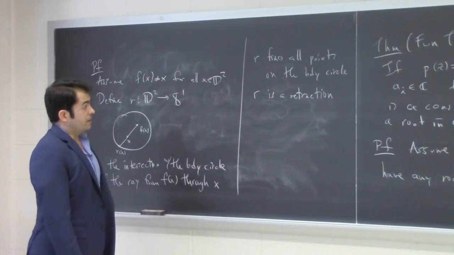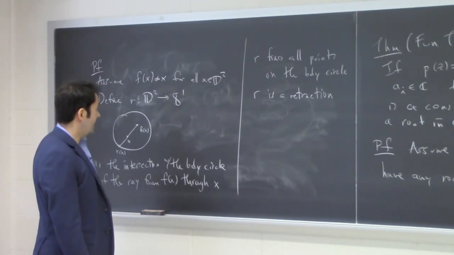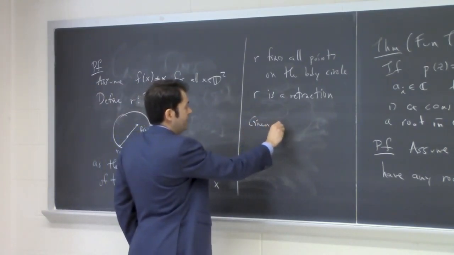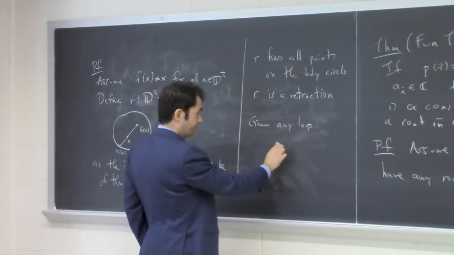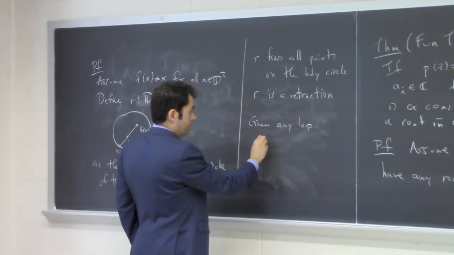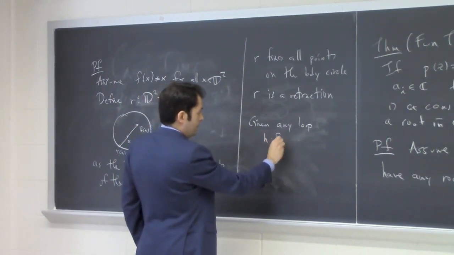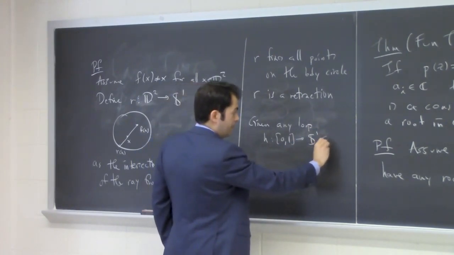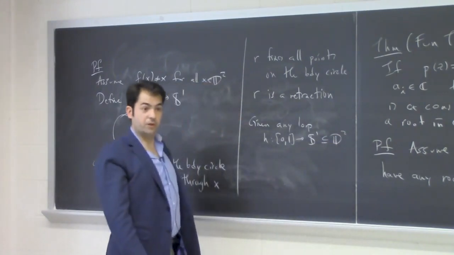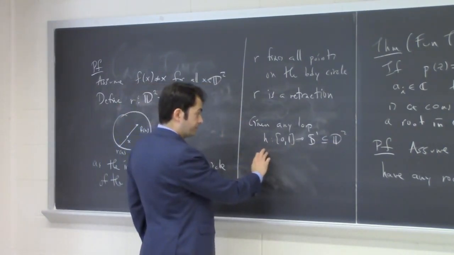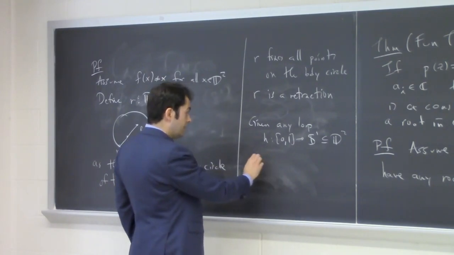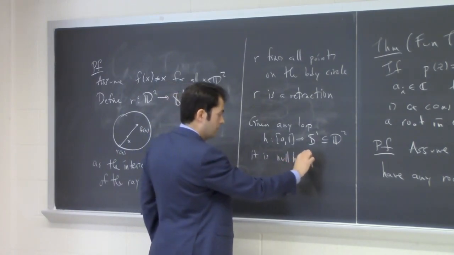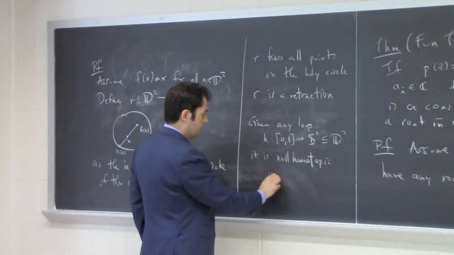OK? So that's a problem. That's a problem because given any loop h into the circle, viewed as a subset of the disk, it is null homotopic in D2, right?